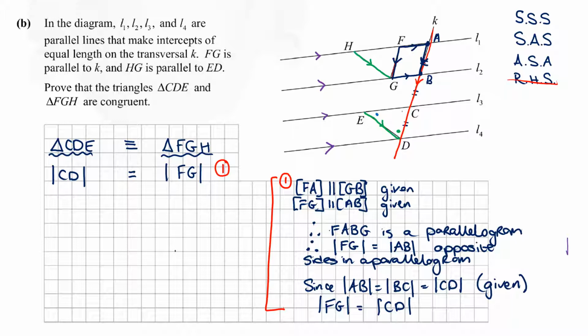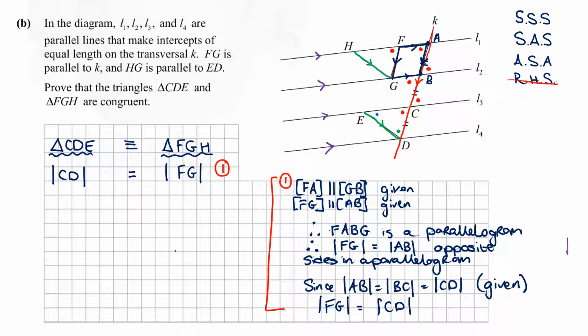Now I'm going to work through and say, well, this one is equal because they are vertically opposite. It is also equal to this one here because it is corresponding. It is equal to this one here as well because this angle here was equal to this one because they are vertically opposite. This is also equal to this angle here, and it is equal to this angle here.